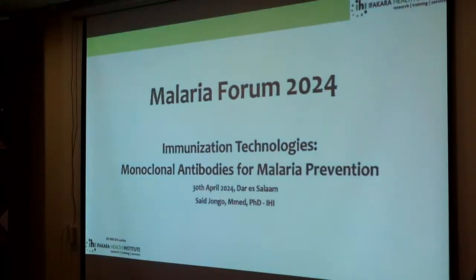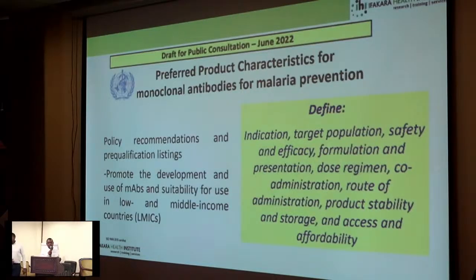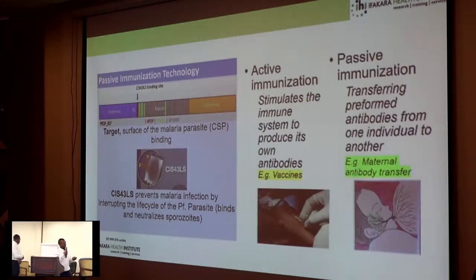In this case, we use the technology in order to administer the antibodies directly. This is the process that usually happens when we are in the wombs of our mothers.